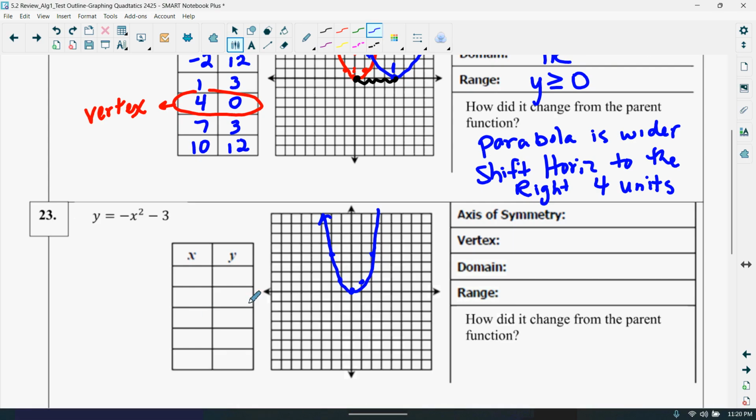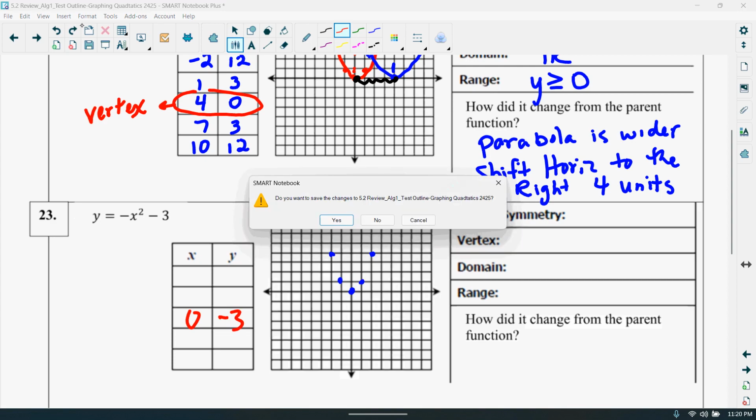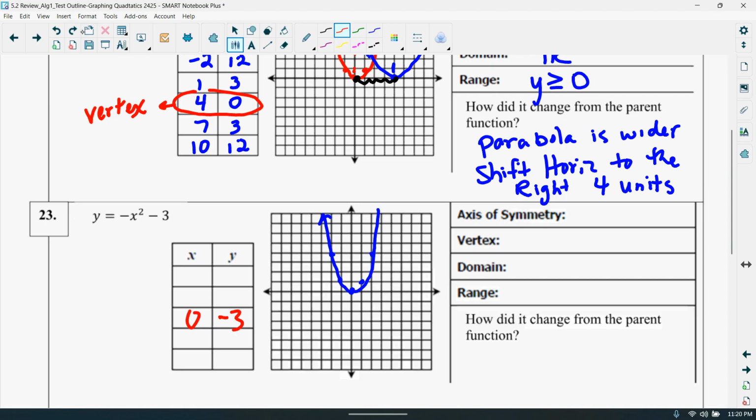It was (0, -3). I probably should do that. (0, -3). Oops. Cancel that. Hold on. There it goes. All right.